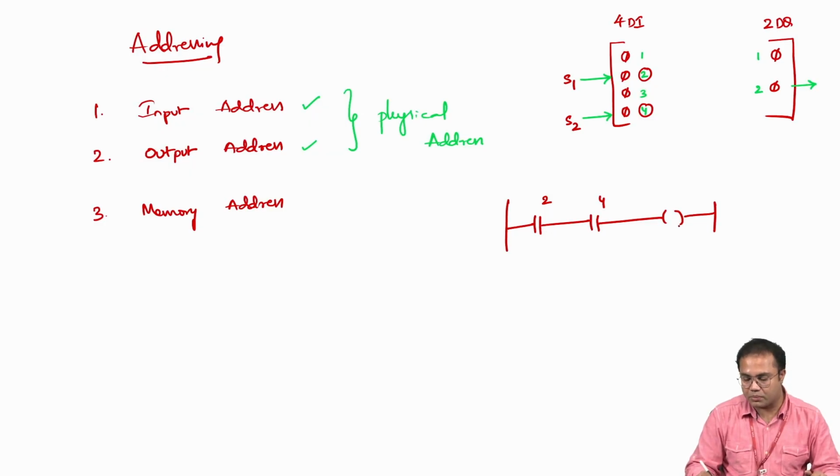Similarly, when it comes to the output, you have 2 outputs. Where do you want to send your information, to channel 1 or channel 2? I have connected to my channel 2, so I have to specify 2 over here.